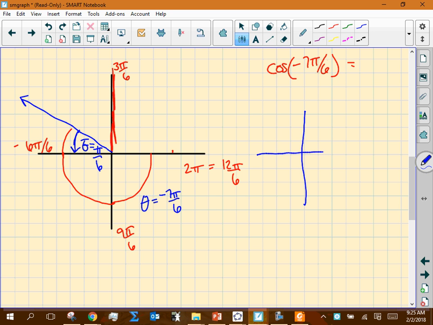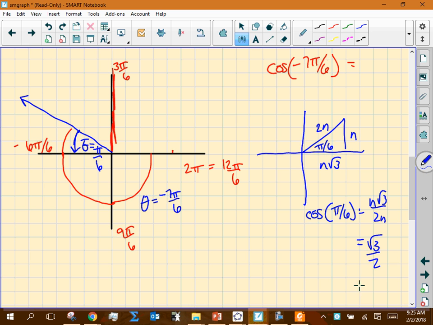Insert that thing back into the first quadrant. If this is pi over 6, that's 30 degrees again. So this is n, 2n, and n root 3, right? If I want the cosine of pi over 6, that's going to be n root 3 over 2n, which just gives me root 3 over 2, right?